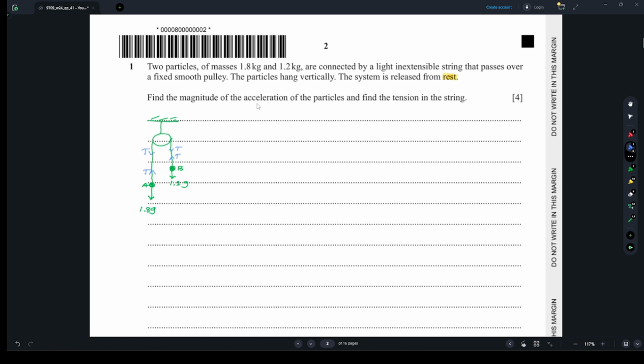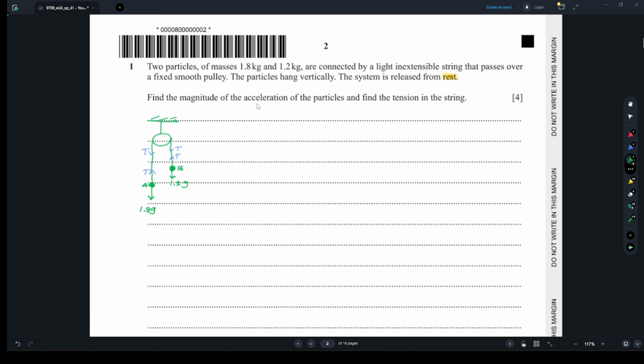Then we have to consider the acceleration, because now they are at rest, but the masses are not balanced, right? So we can assume that the mass with the higher weight will start moving down.